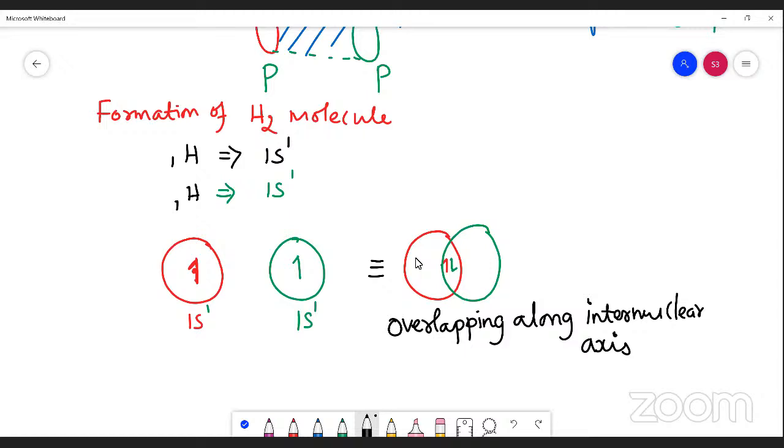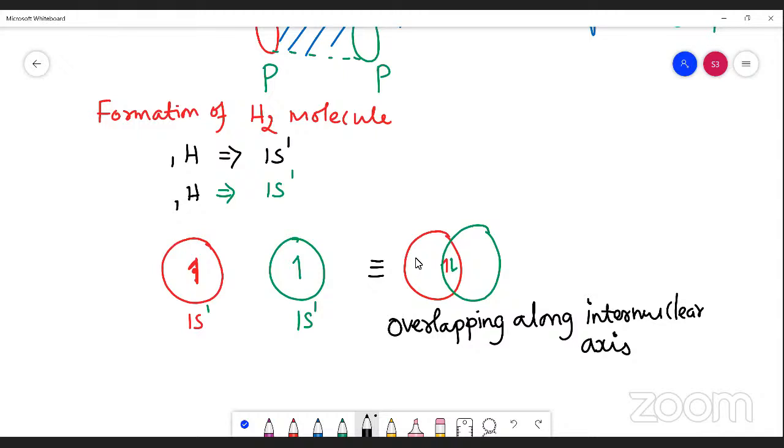So what is this axis? Whenever we combine these two nuclei, because the s orbital is spherical in shape, the distance between the two nuclei is what is called the axis. The axis has to connect the two nuclei. So that's why I have indicated internuclear axis.